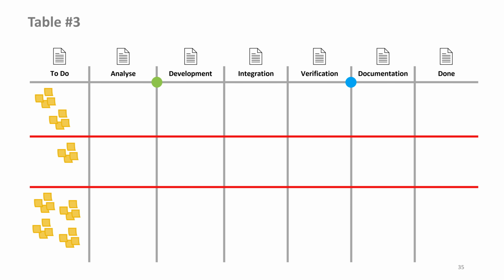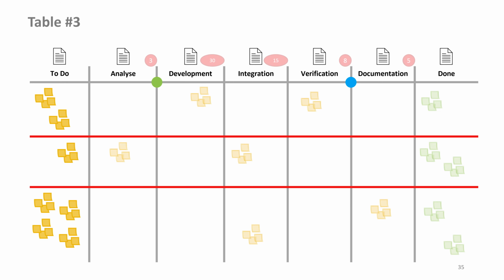Furthermore, one can define different promises per swim lane. For example, one could promise a customer, "We will give you a bug fix within 3 days." Non-optional and very important are the work in progress limiters.